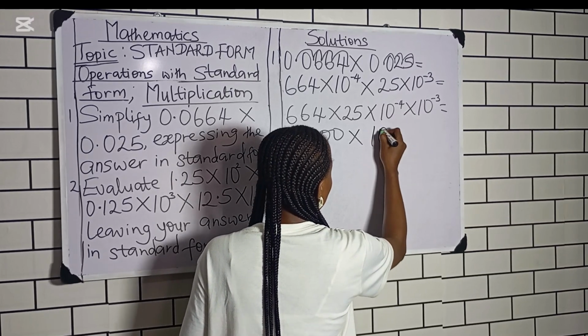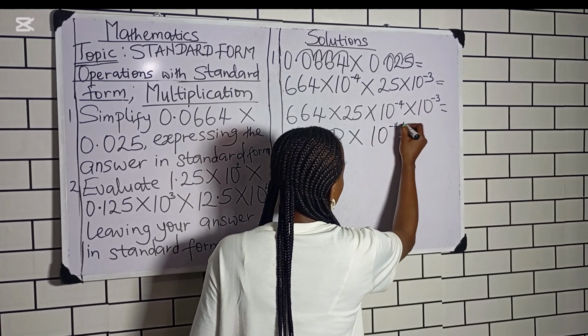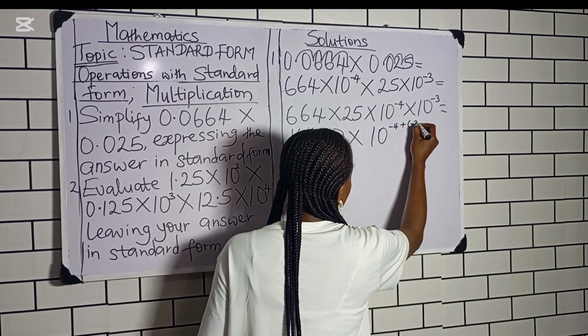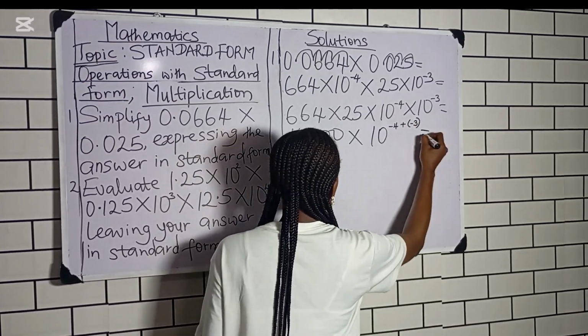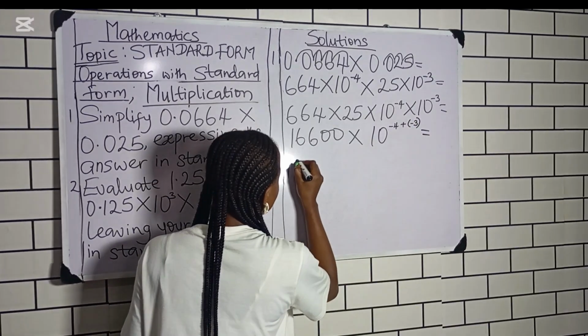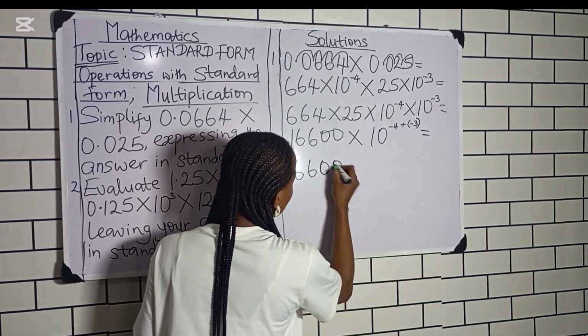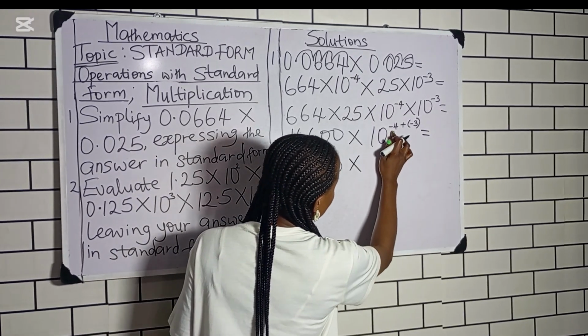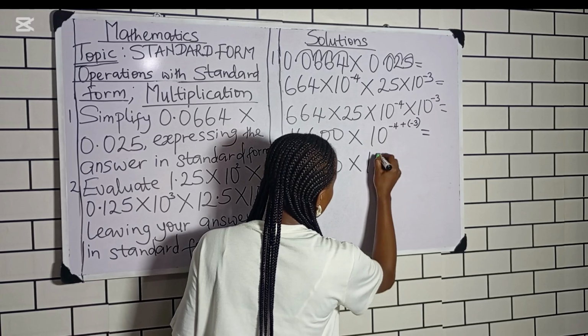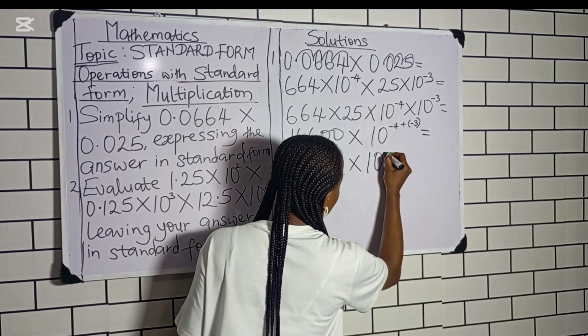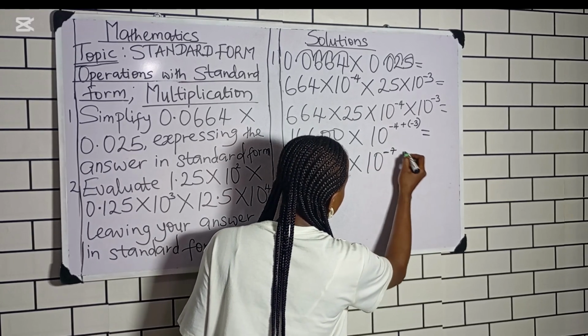We have 10 raised to power minus 4 plus minus 3, which will give us minus 7. This is 10 raised to power minus 7.